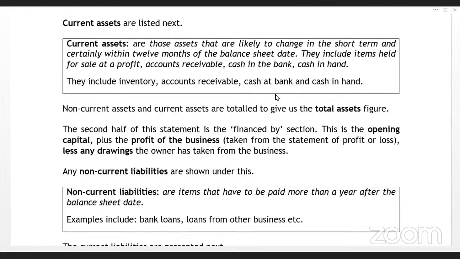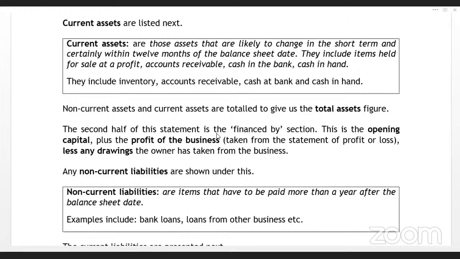Why? Because we can easily convert them into cash. Even the cash at the bank and the cash in hand are all current assets. Those assets which you can easily convert into cash within 12 months are current assets.